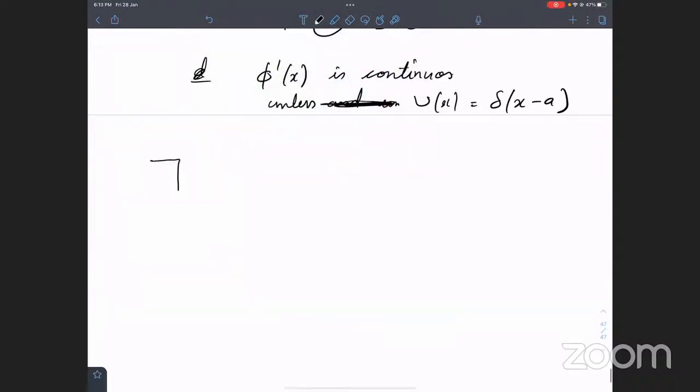So now I have this finite potential well. Initially I had an infinite potential well.